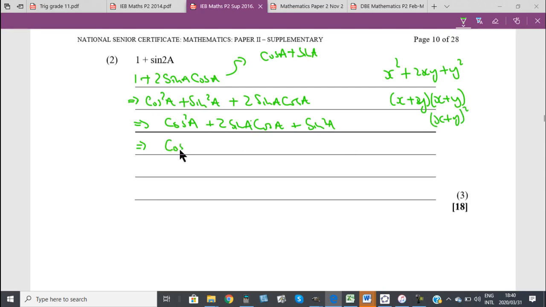So this can be factorized as cos A plus sine A times another cos A plus sine A. So in the end, we end up with cos A plus sine A all squared. And we replace that cos A plus sine A by k. So we end up having k squared. So this is k squared in terms of k.